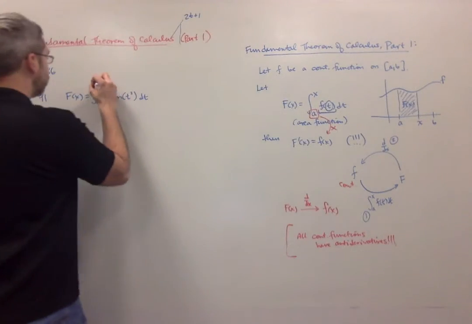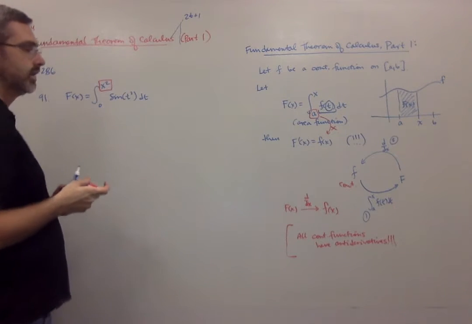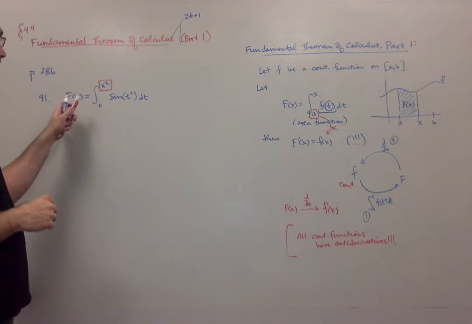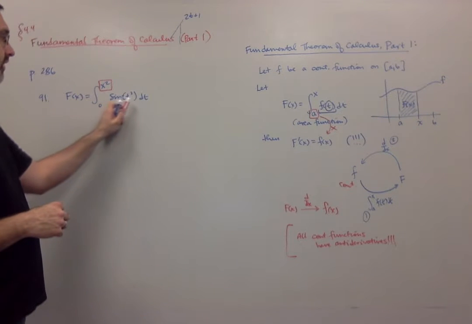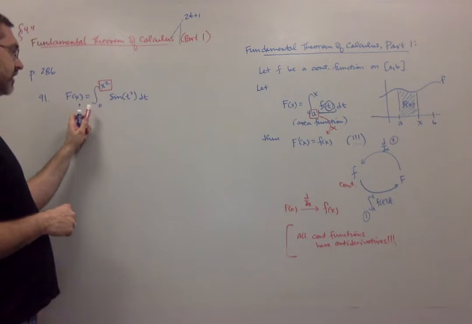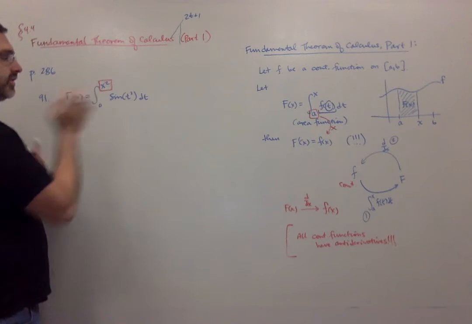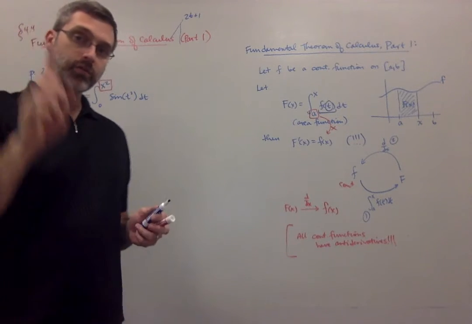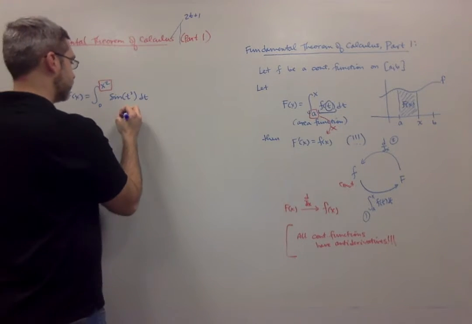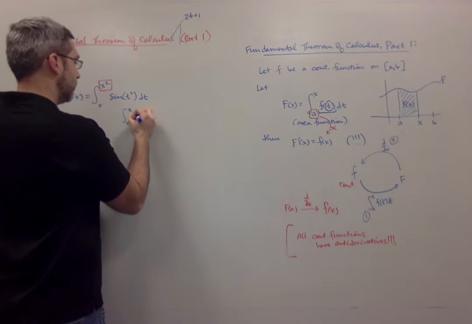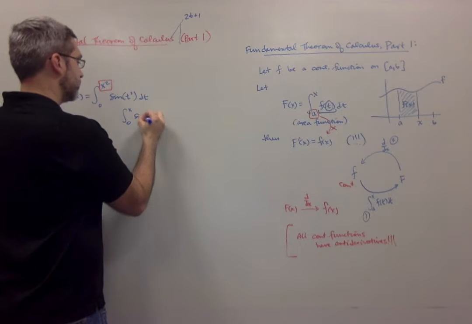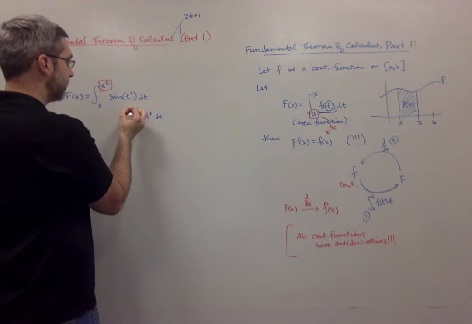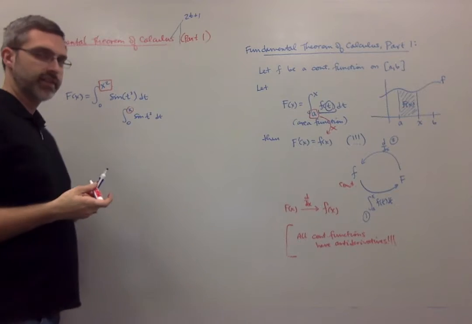Notice that this is not x, it's actually x squared. If this were the area from 0 to x under sine of t squared dt, then I could differentiate really easily by just slapping an x in here. But now I have x squared instead of x. So I have the function sine of t squared dt from 0 to x, and then inside of it, I've stuck in x squared.